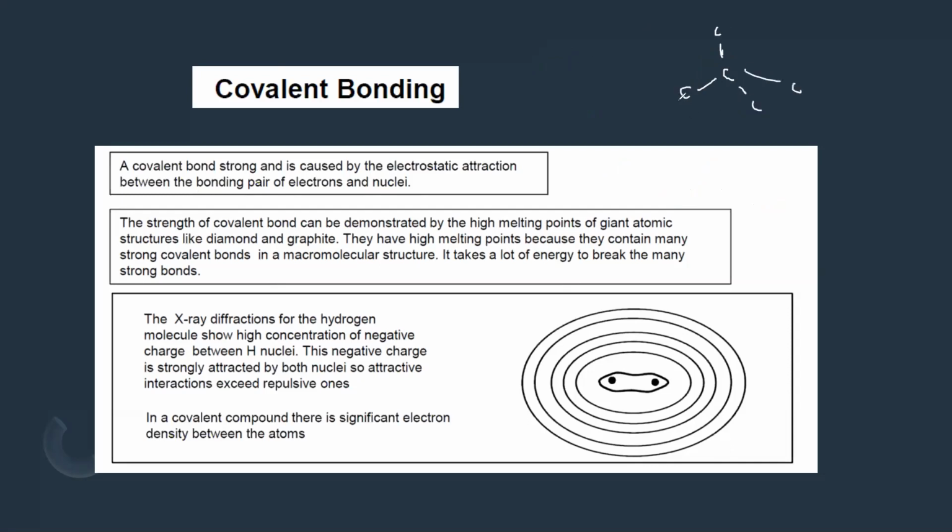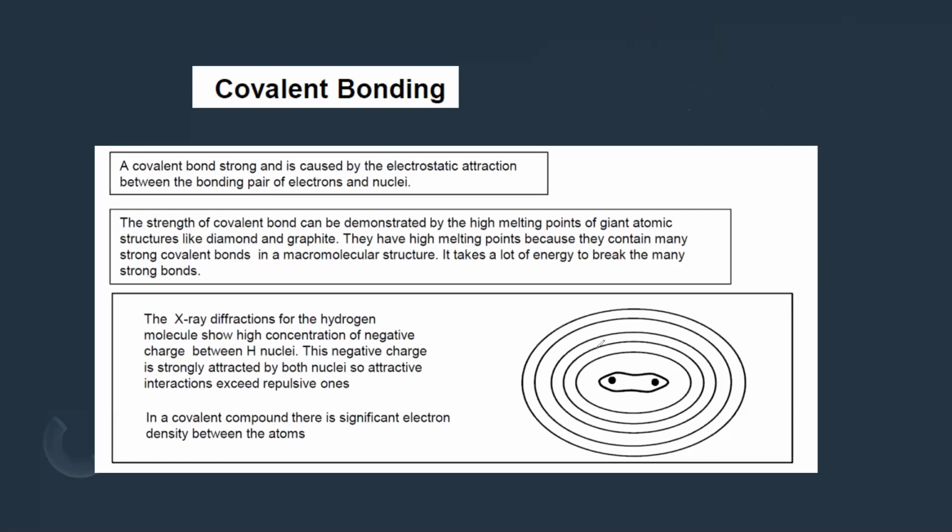And how can we identify that the covalent bond is strong? When we find the melting point for diamond or graphite, we find it is very high. A high melting point is evidence that they need more energy, or the bond is stronger. Now, if we pass an X-ray, X-ray diffraction, this is an electron density map.